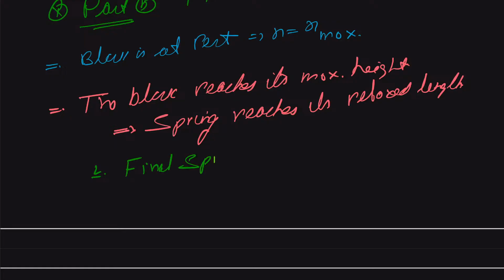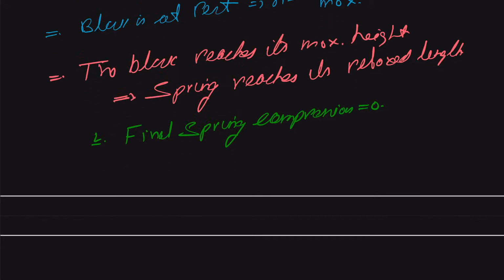The final spring compression is equal to 0, or we can also write that its final velocity is also equal to 0.